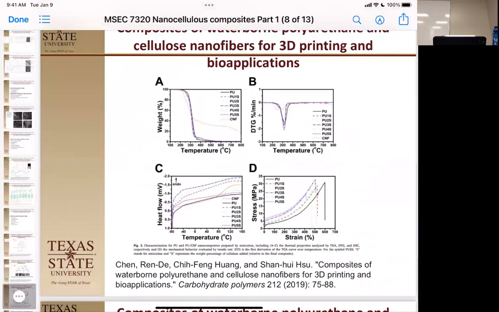This is like a DSC showing that we don't have any big melts or recrystallizations going on. And we saw decreased percent elongation, which we know happens when you put in a filler. So their properties are good enough to use for their 3D printed scaffolds.